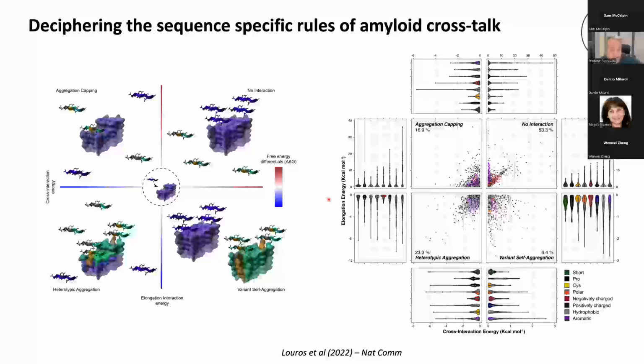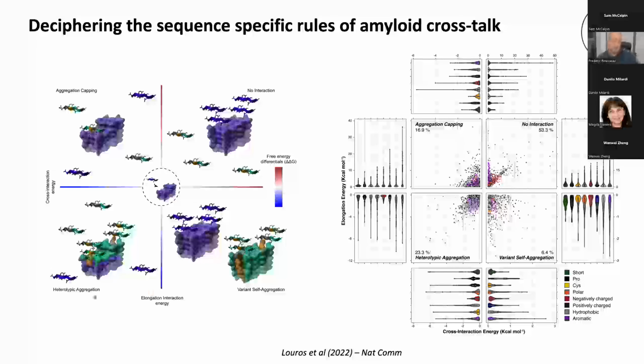And so you have different scenarios. You can have a single point mutant that still can bind to a pre-existing seed, but once it's bound, it's capping and no other can add on top of it. You can have, of course, the scenario where the peptide cannot bind at all and doesn't aggregate.